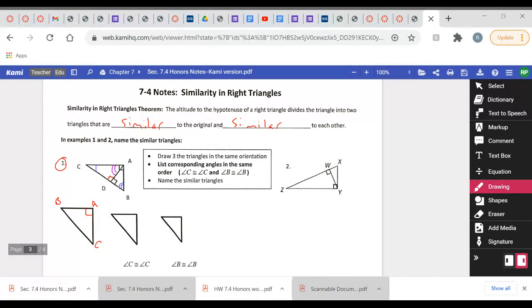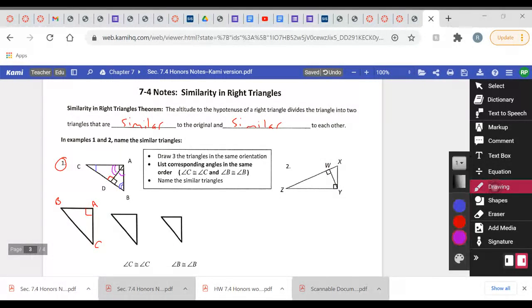And if triangle ABD has a 90 and a 2 mark, then the other angle has to be a 1 mark. We're just trying to figure out what has to be congruent to what.